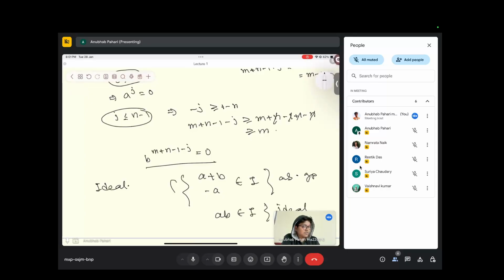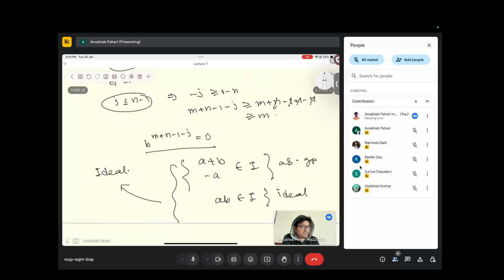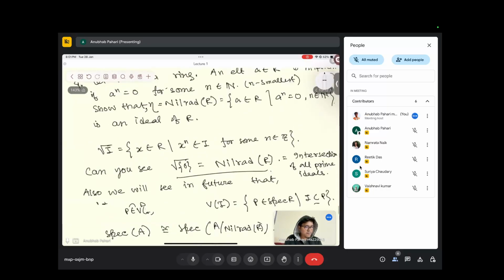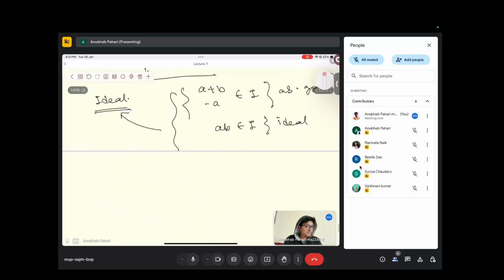So these three conditions satisfy the requirements of an ideal. And okay, so we have proved that the nil radical is an ideal.